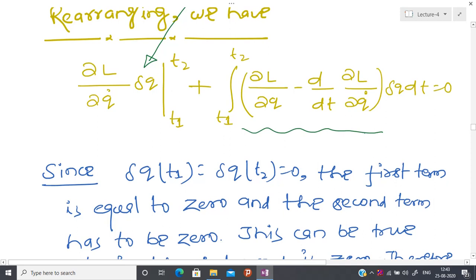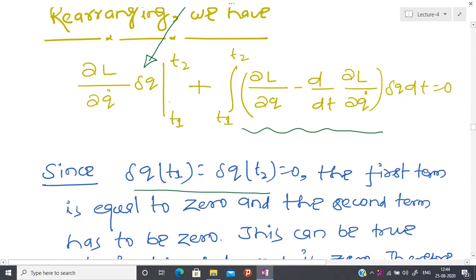Now you can see that, suppose I assume that at time t1 I have q(t1) and the changes delta q(t1) and delta q(t2) are equal to 0, because somehow I have to minimize this function. So what we are saying is that the necessary condition for the minimization is that delta I should be 0.